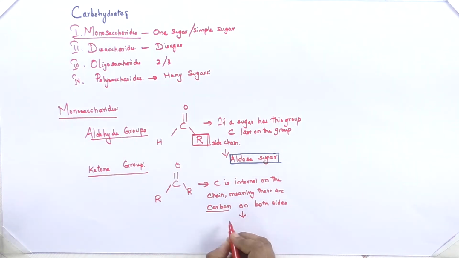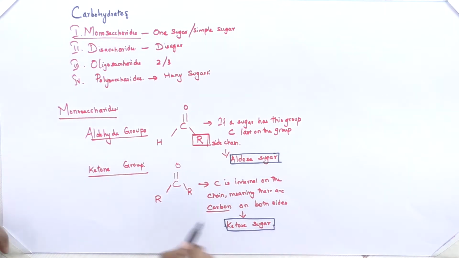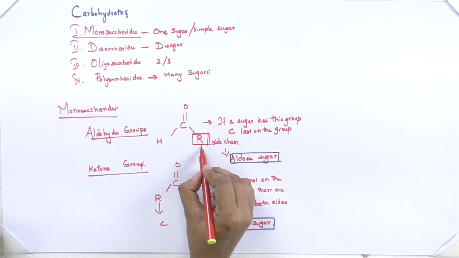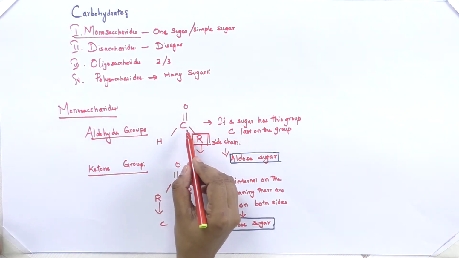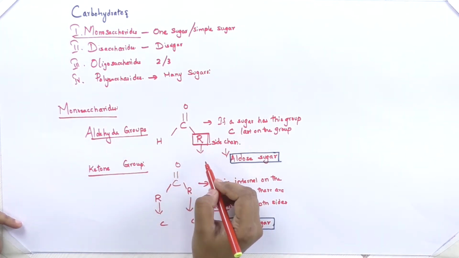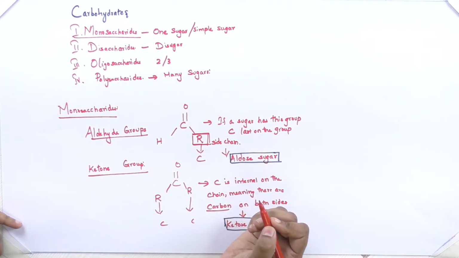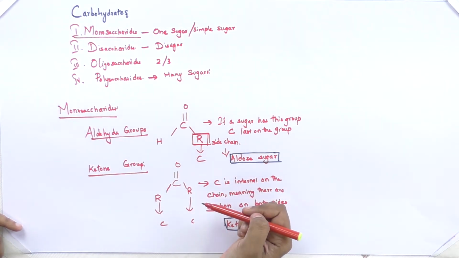Then it is termed a keto sugar. It indicates that there is a possibility of two carbon atoms accompanying here, but when the C is at the end, there is a possibility of only one carbon chain. So this makes the difference for monosaccharides.